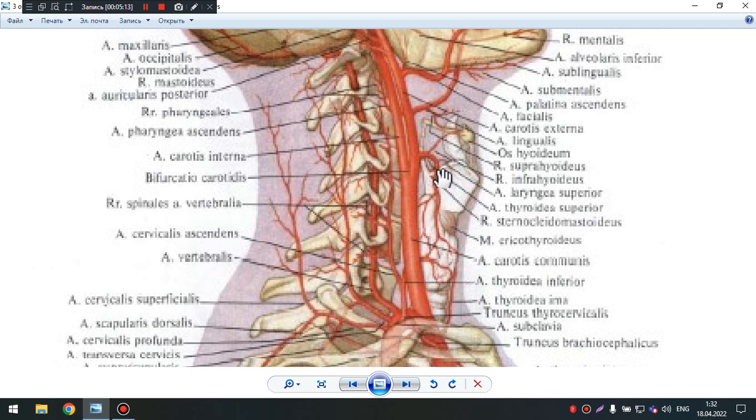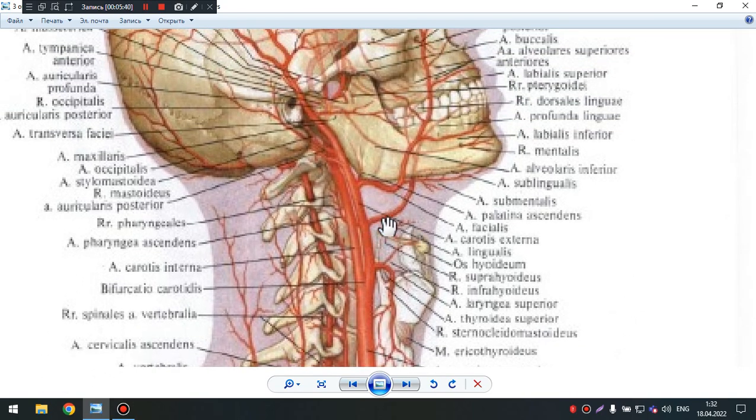It gives the branches: glandular branches to the thyroid gland, superior laryngeal artery, which blood supplies the larynx, and infrahyoid branch to the hyoid bone and muscles below the hyoid bone.